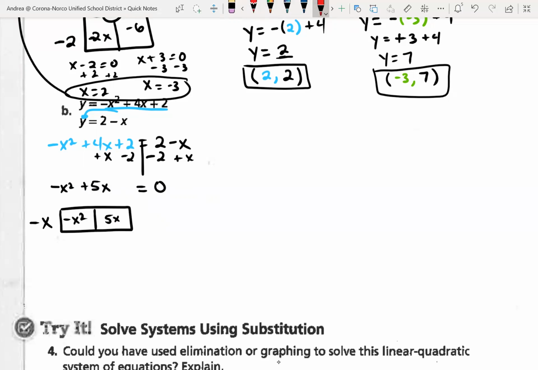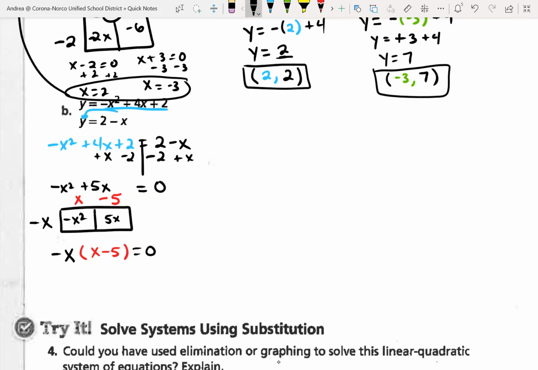That's going to give me a negative divided by a negative, makes that positive x, and 5x divided by a negative x is a negative 5. So my factors are negative x times x minus 5, and it equals 0.